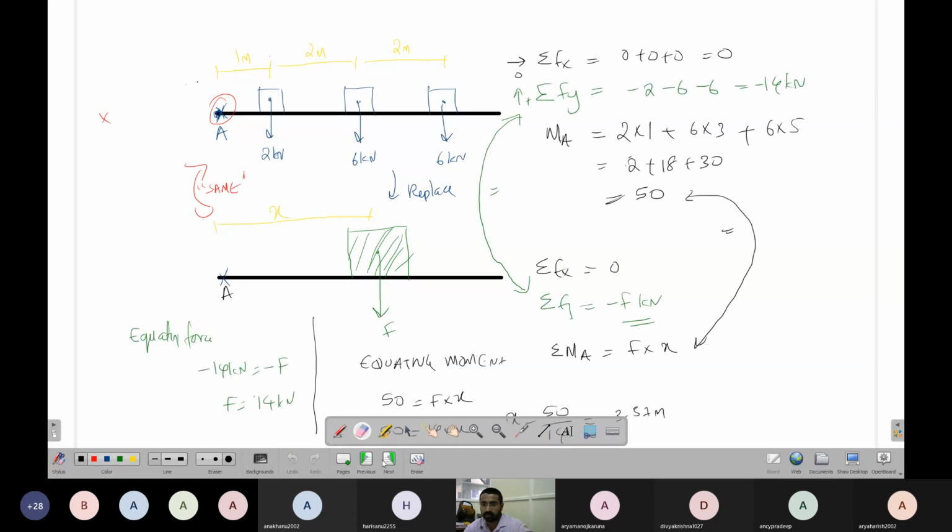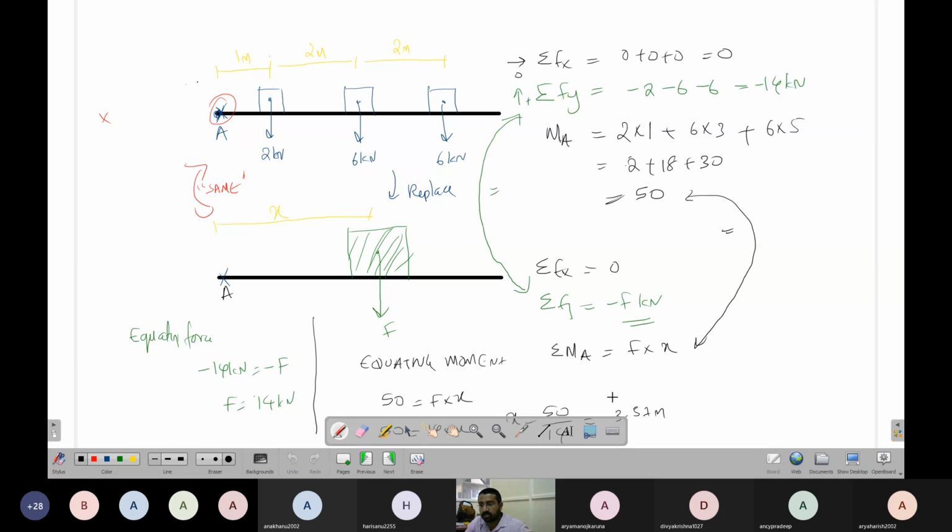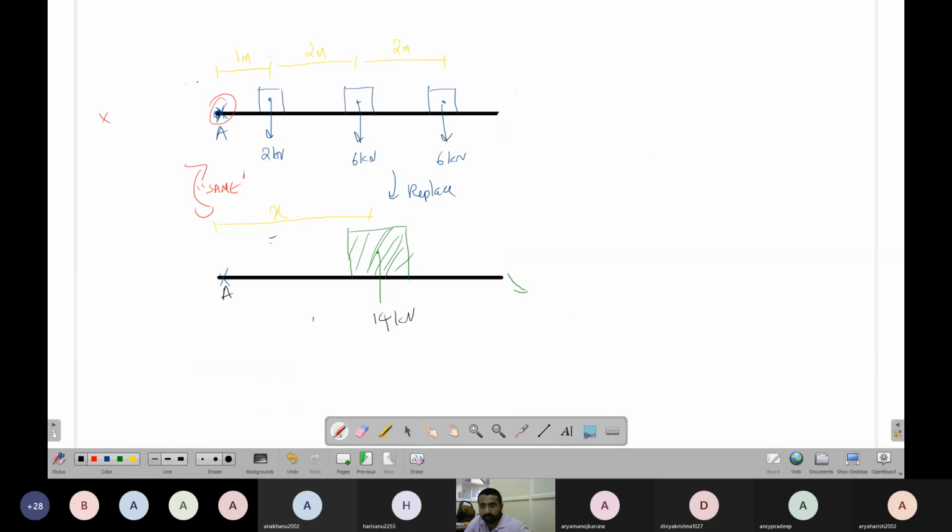So this is 14 kilonewton and this is 3.57 meters. Okay, these two are the same. Now, you will box 14 kilonewton, 3.57 meters. You will get the same effect.